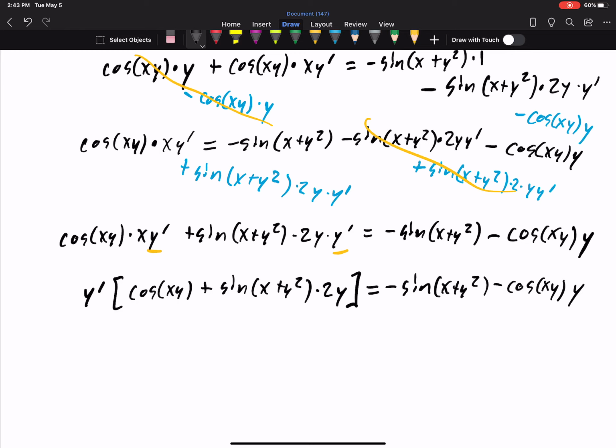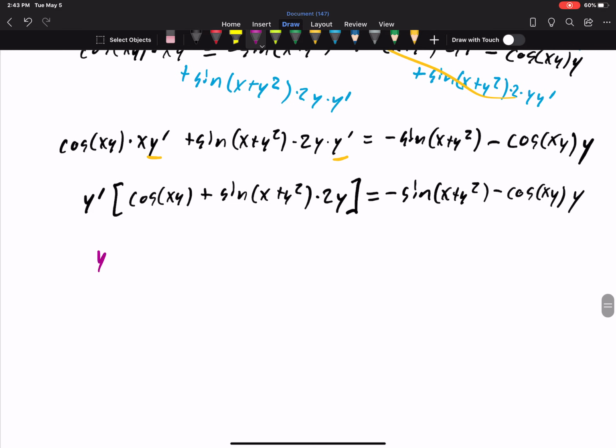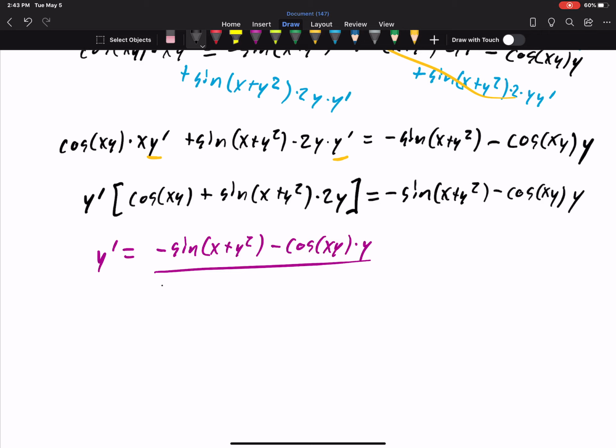Okay, almost done. Last step, divide by this box. So you have y prime is going to be equal to the entire right-hand side, minus sine of x plus y squared minus cosine xy times y, all over the entire box that was on the left-hand side. So writing that gives us cosine xy plus sine of x plus y squared times 2y.